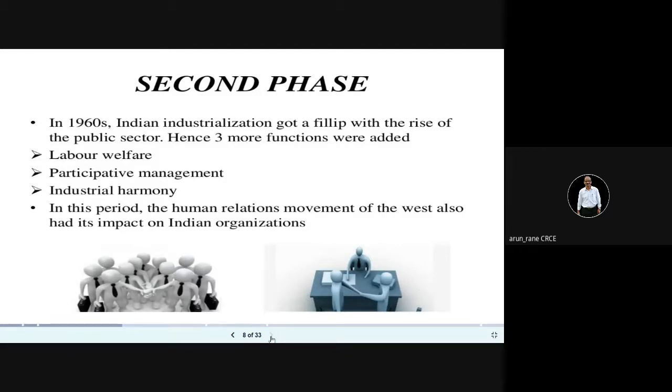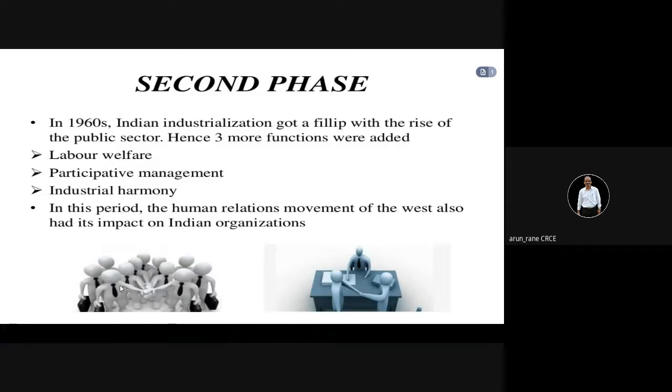Then only the people will stay with them. It's not only the prosperity of the employer, not only the prosperity of the industry, but everybody should come together and everybody should prosper. Everybody should grow. That is what the philosophy was in the second phase. It's a growth of everyone.